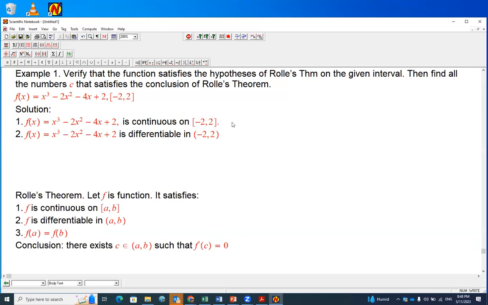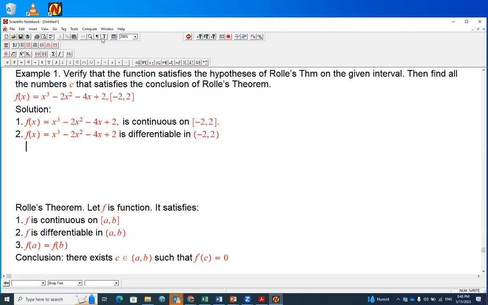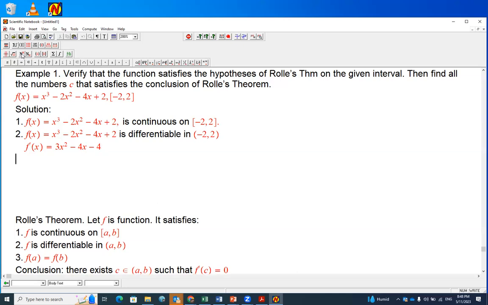Number 3, and of course, when you show your work, you can actually differentiate. This way of showing work is slightly different from what I did in class. You can take a derivative, that's 3x squared minus 4x minus 4. Number 3, the third condition, is f of a equals f of b, where a is -2. So you verify f of -2 by plugging in the numbers properly.